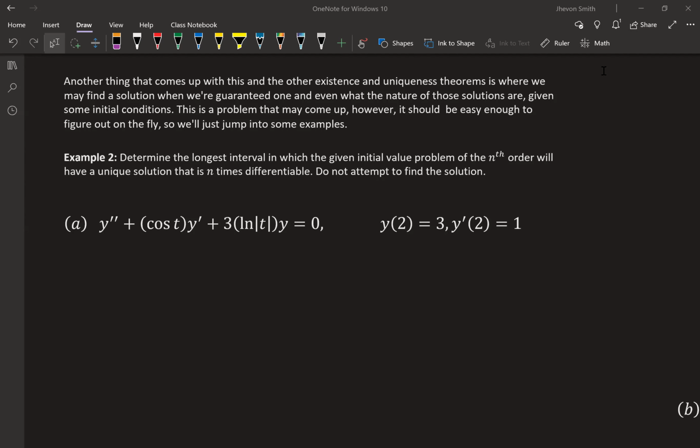Okay, so the existence and uniqueness theorem for nth order linear ODEs tells us that given an nth order linear ODE and any random set of initial conditions, you are guaranteed to be able to find a unique solution on any interval where blank happens. I could put this as a multiple choice problem and give you a bunch of options, and the option may or may not be there.